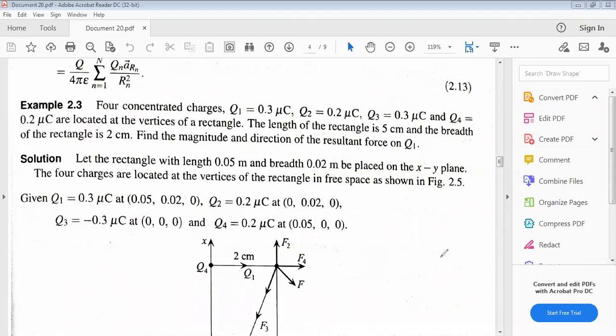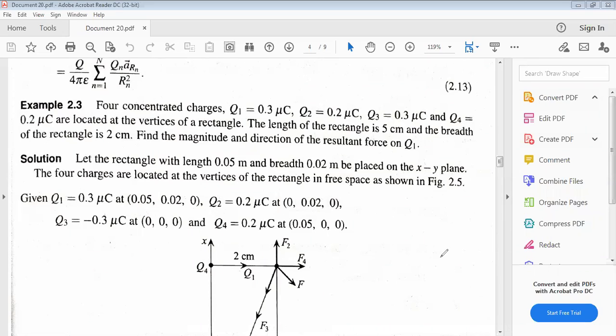See here, the rectangle has a length of 0.05 meters. Here it was 5 centimeters, that's why it is converted into meters. Remember that point. And the breadth or width is 0.02 meters, placed on the XY plane. The four charges are located at the four vertices of the rectangle in free space.